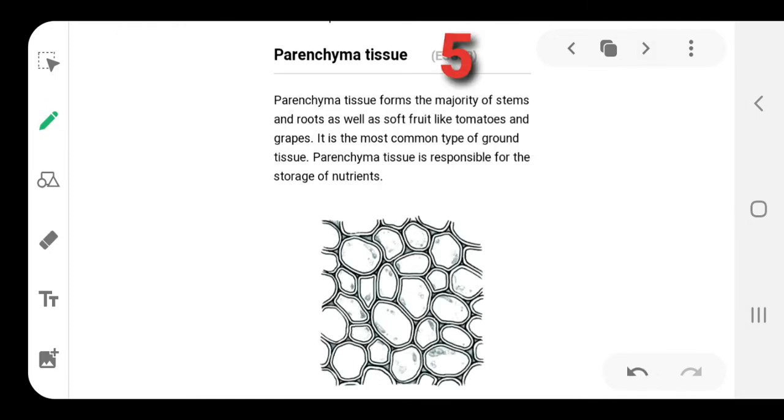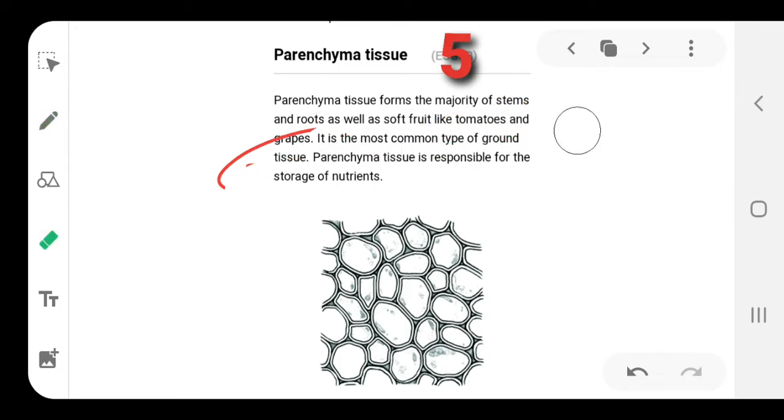Thereafter, we have the parenchymatous tissue, the first among the three main types. Underline this data. The tissue called parenchymatous tissue forms the majority of stems and roots, as well as some fruits. Okay, soft fruits like tomatoes and grapes consist of this tissue.